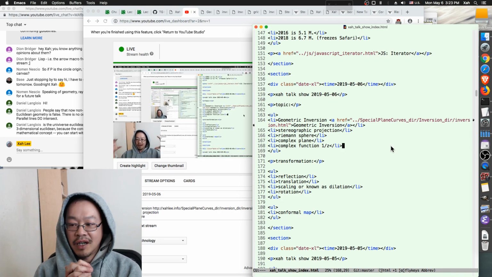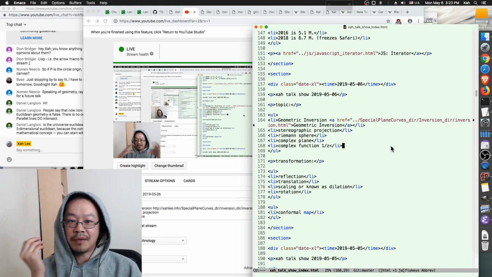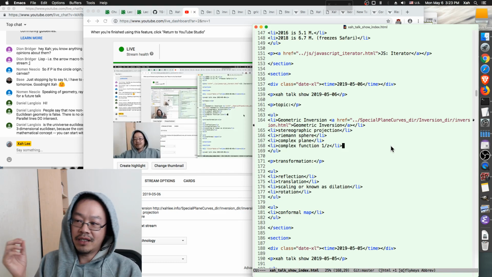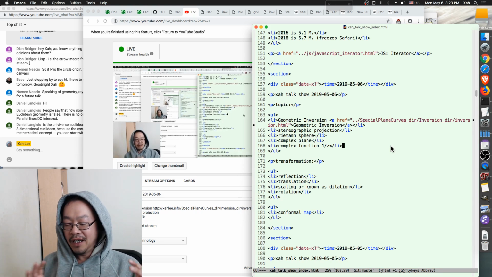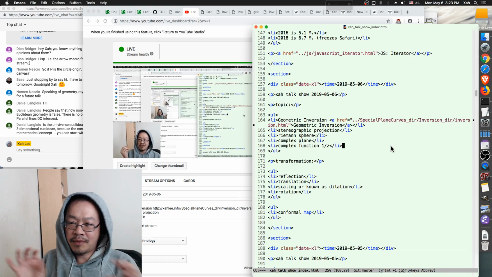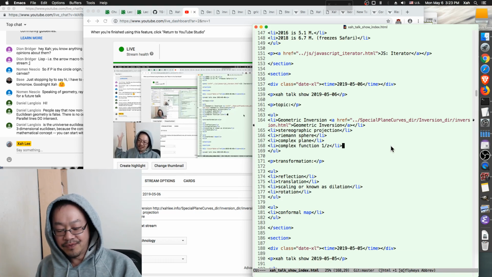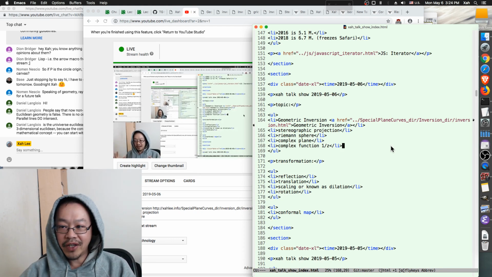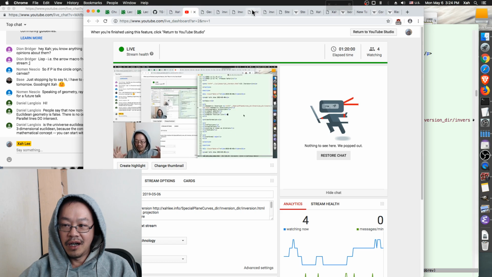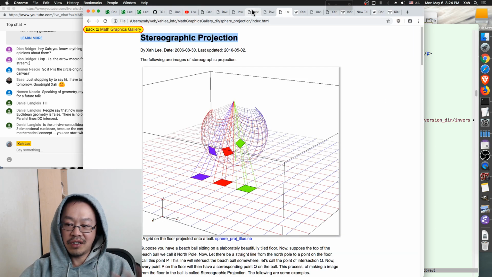Then we covered the interesting concept of the point at infinity, and how it naturally arises. Then we covered stereographic projection, which is a very simple idea.